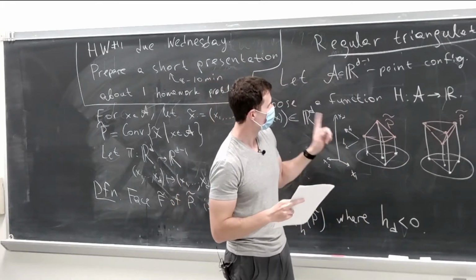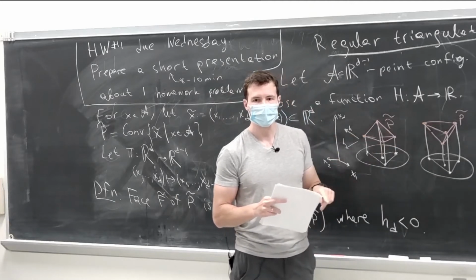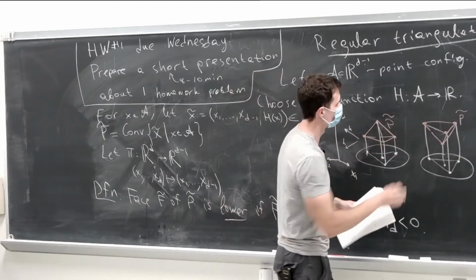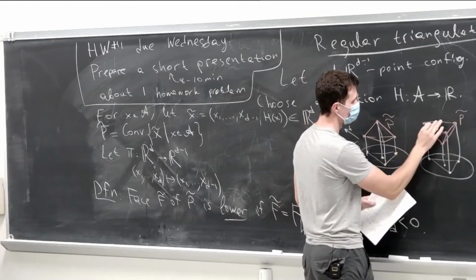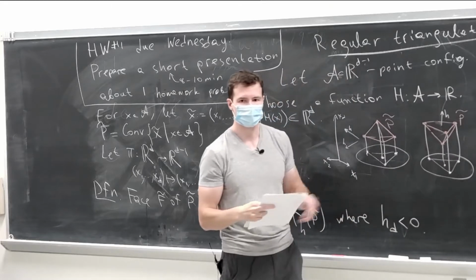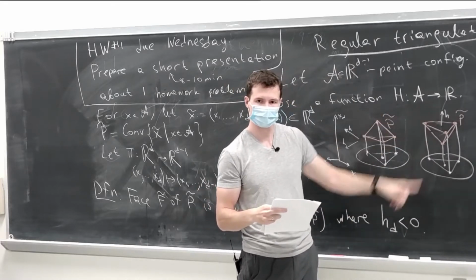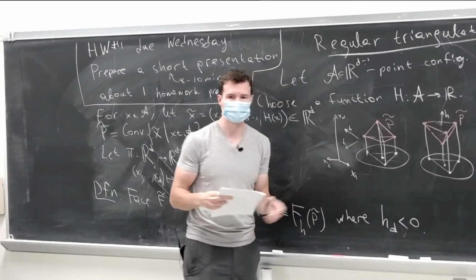No, actually, not every face, right? So this top-dimensional face here is a two-dimensional face, so the only h that works would look something like this, and this has positive coordinates.